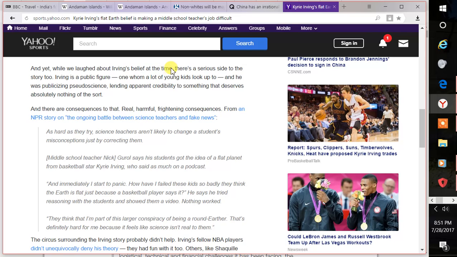Let me keep reading. It says there's a serious side to the story too. Irving is a public figure, one whom a lot of young kids look up to, and he was publicizing pseudoscience. Can you believe that? They're saying the flat earth is pseudoscience and the globe is real fact. Ridiculous. Lending apparent credibility to something that deserves absolutely nothing of the sort.